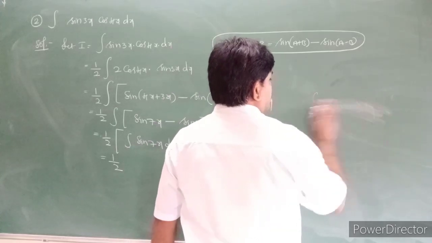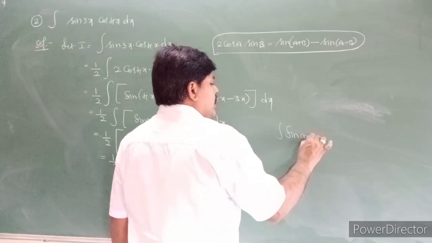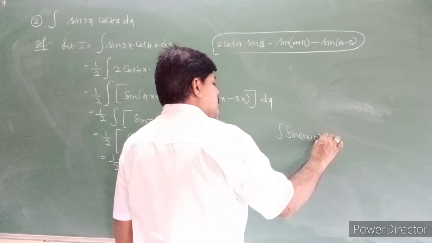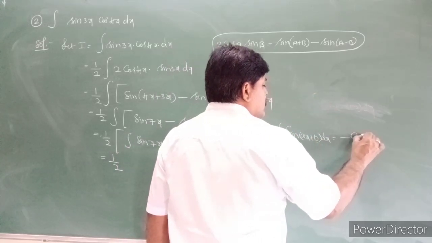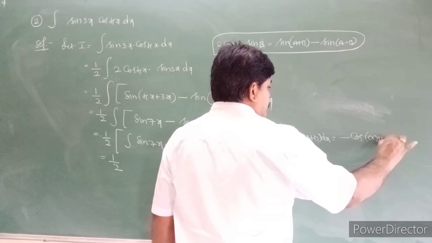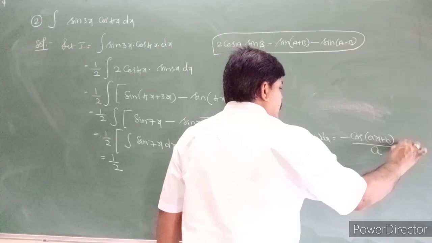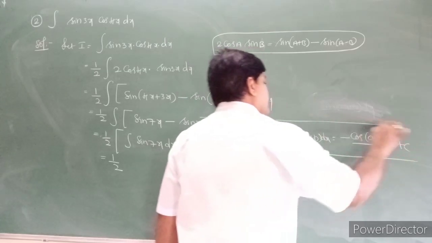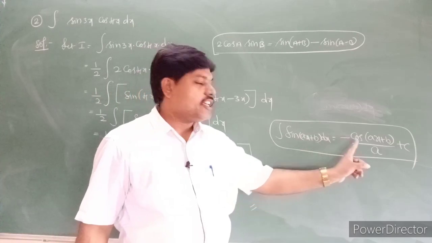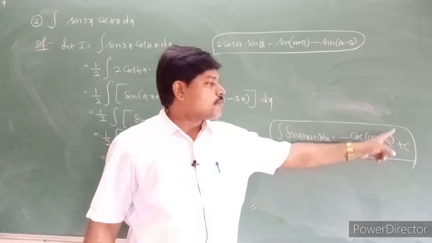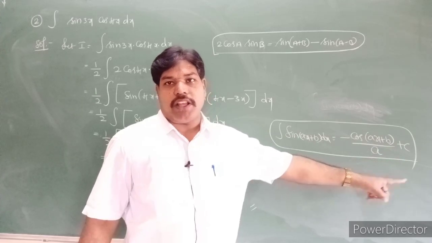Integral of sin is minus cos of ax plus b, divided by the derivative of ax plus b, which is a, in the denominator, plus c.